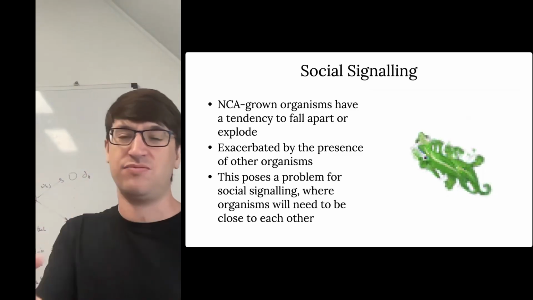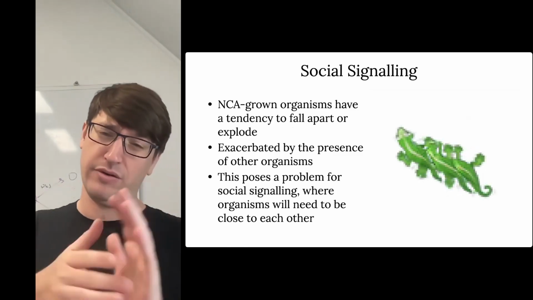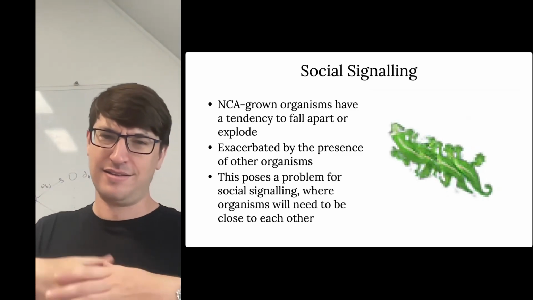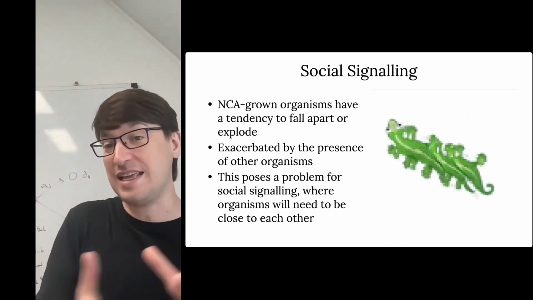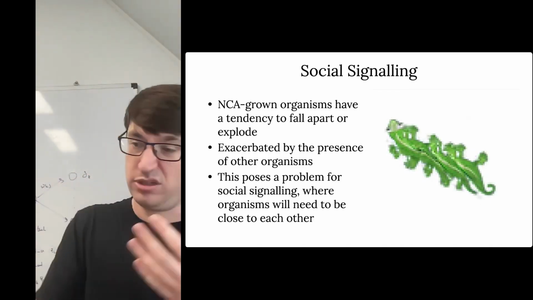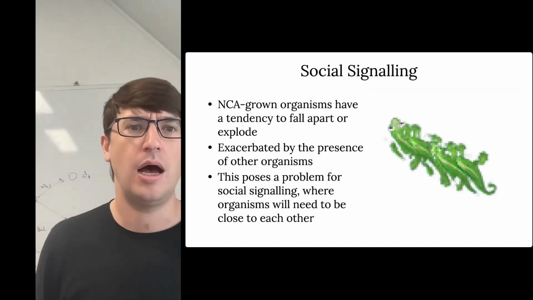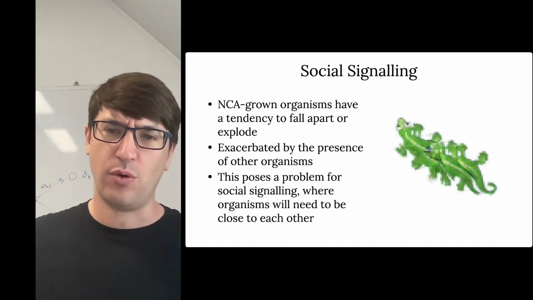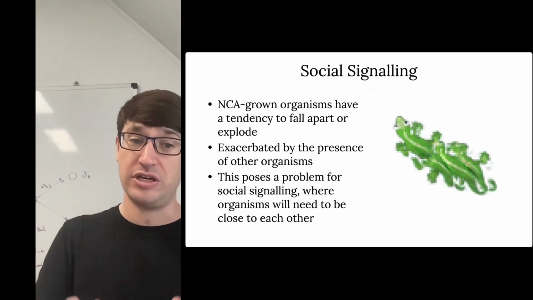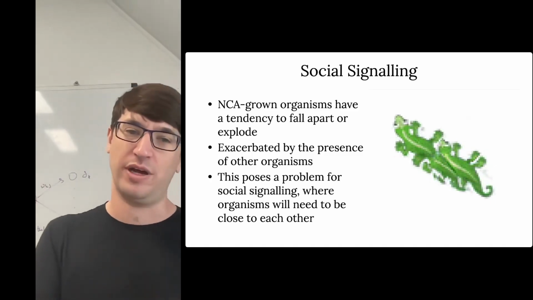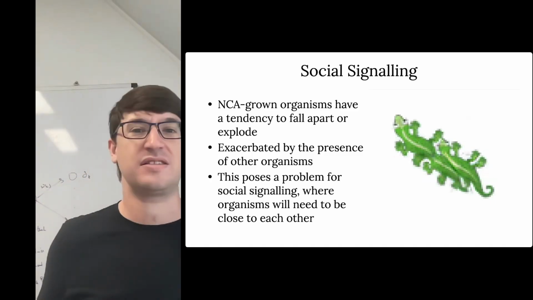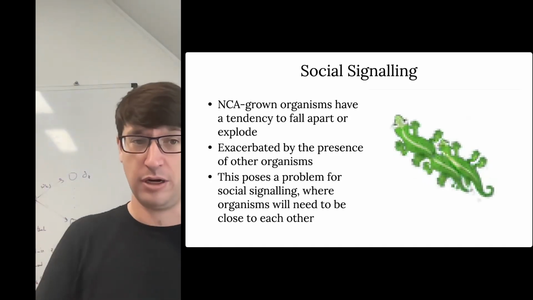And so you get these really interesting but irritating effects, like extra heads or extra legs growing out of them, because they don't understand that that is not them. They're just applying the update rule. So where we want to have multiple organisms near each other and communicating in some way or producing a signal, sending it to another one, we need to fix this problem. And that's the focus of what I'm going to present to you today.